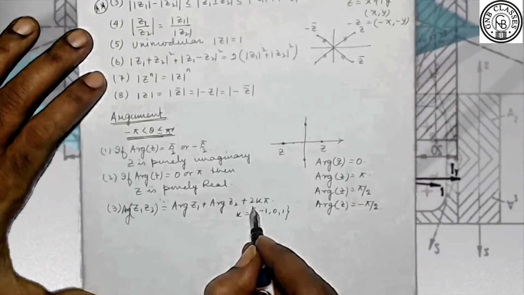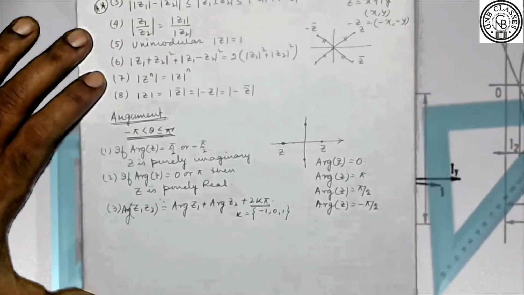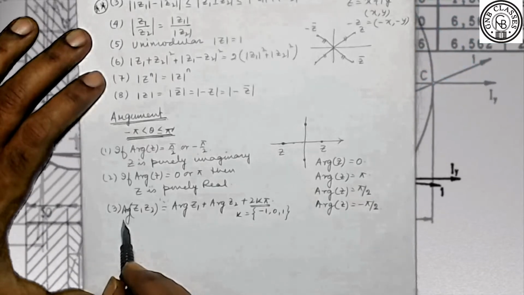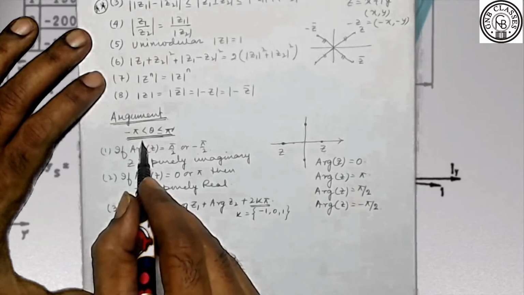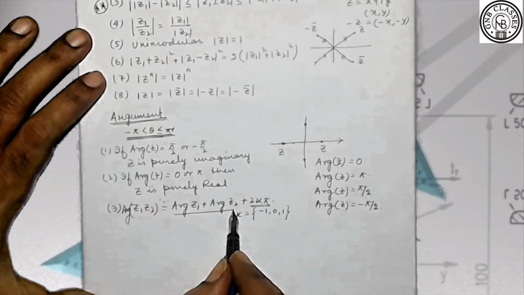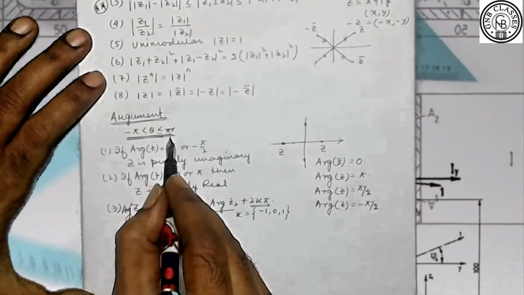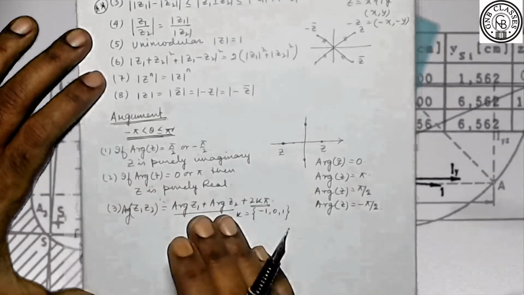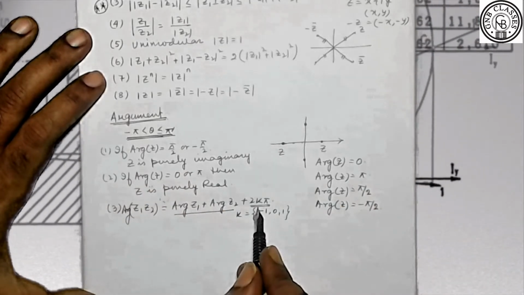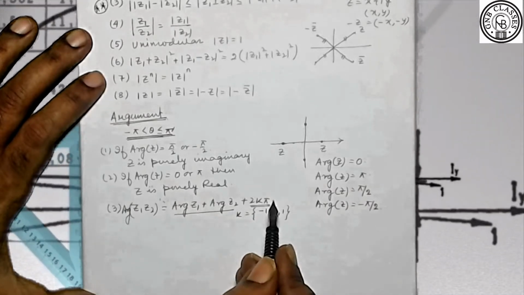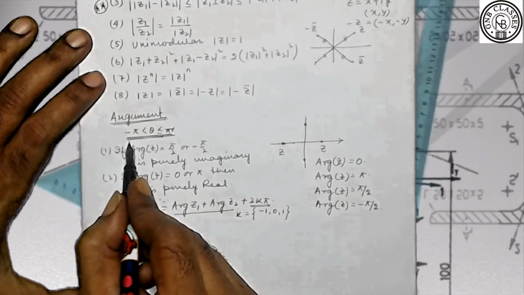Now the question is, why have I given 2k pi? Because as we all know, whenever we are talking about the argument, we are talking about its principal range. So it may so happen that after calculating this, it may cross this principal range. So suppose it is more than pi, I will take k as minus 1 to reduce it and force it to fall within the principal range.